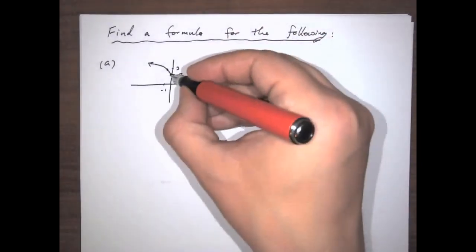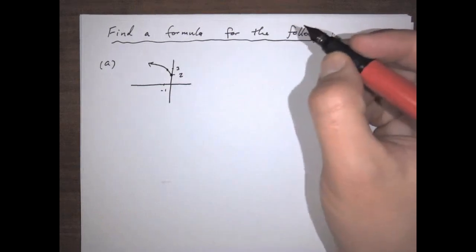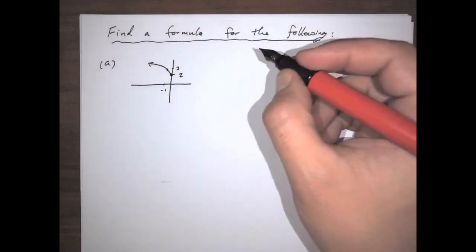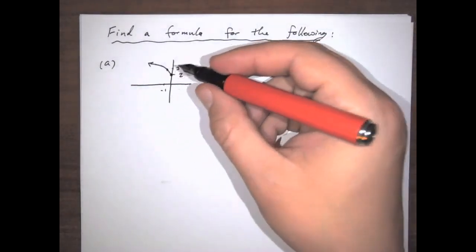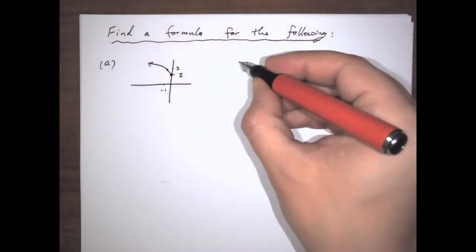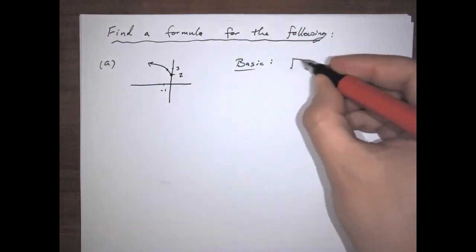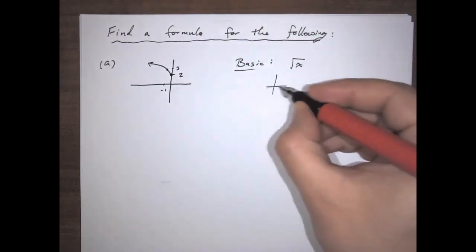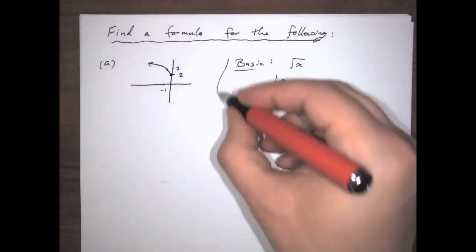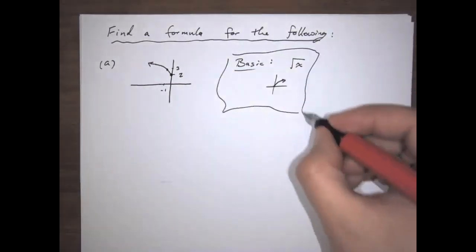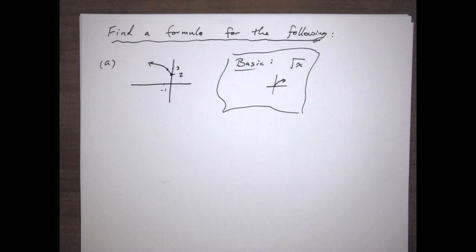Okay, so first off, you think about your catalog of known functions and you try to identify which one this matches. So it looks to be the square root. But the basic square root of x goes like this. So we have to figure out what has happened to this compared with how it was supposed to have been.